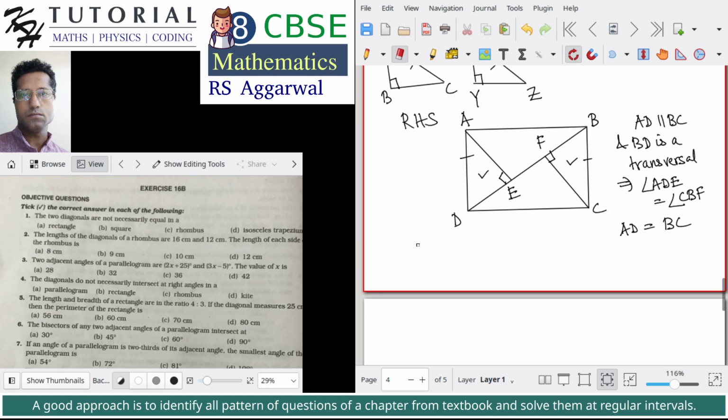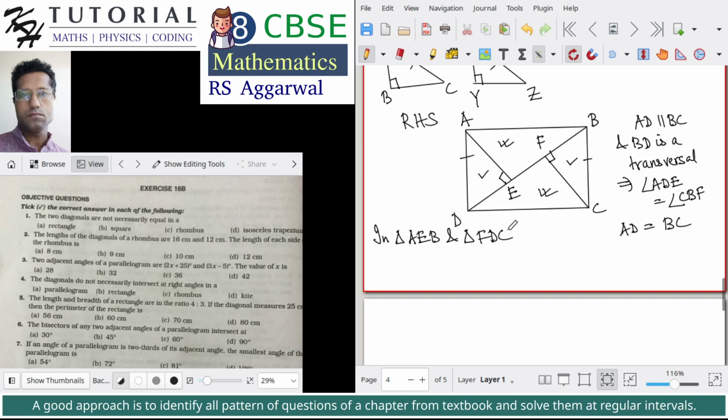How? Consider the triangle AEB and triangle FDC. Consider this triangle AEB and this triangle FDC.